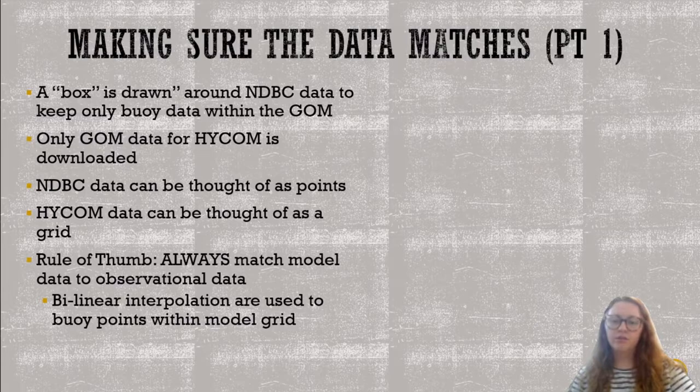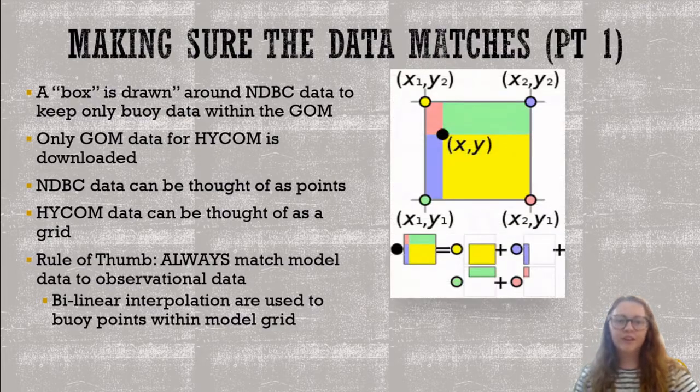So in order to match the data together, you want to make sure that the model data is matched to the observational data. And to do this, we use bilinear interpolation. The figure that I put to the right kind of shows this. The 4 points on the outside of the square can be thought of as grid points from HYCOM, where the buoy is somewhere in between all of those points.